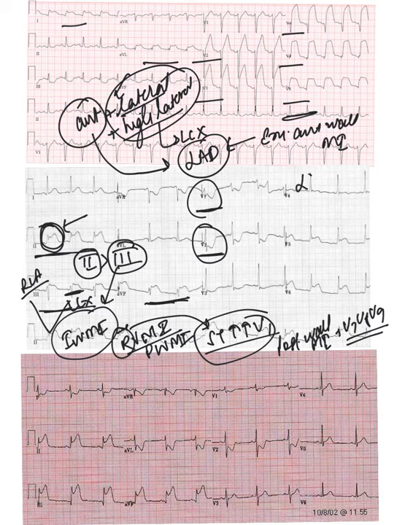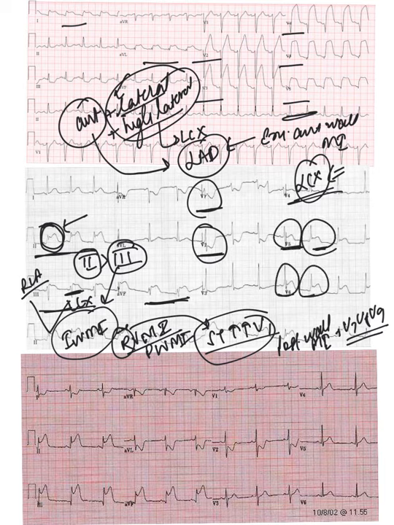So LCX artery occlusion has led to inferior wall MI plus lateral wall. V5 and V6 are also involved here. We know that V6 elevation can also occur because of the posterior wall involvement, and there is suspected posterior wall involvement as well. So this is LCX territory.